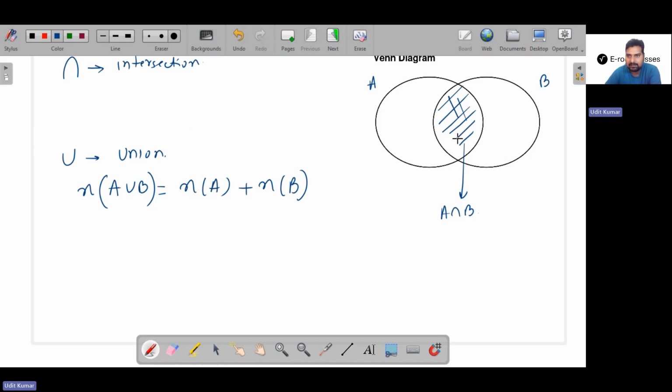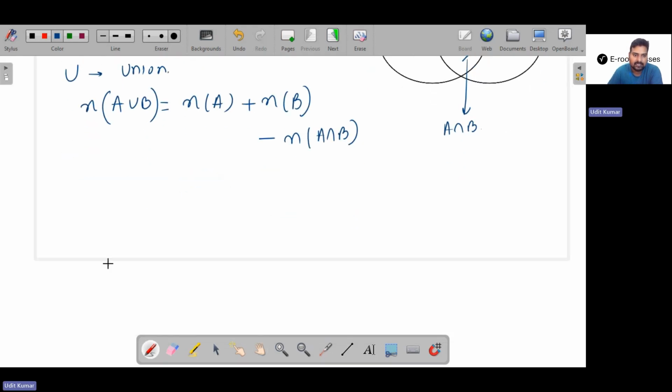It's in complete A, and it's in complete B. So you are adding it twice. So what we'll do is we subtract it once. Okay. So A union B is all the elements in A, all the elements in B minus A intersection B.